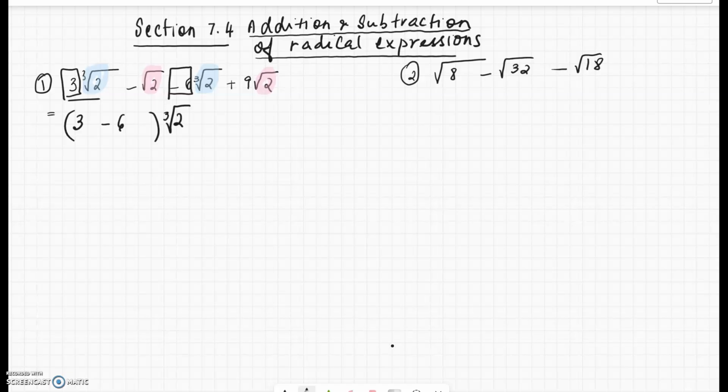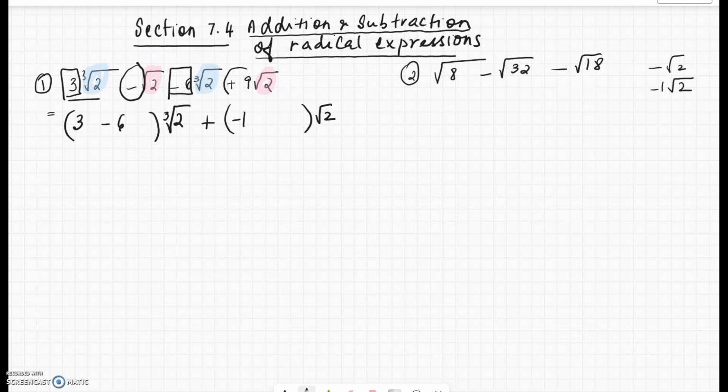I've factored the cube root of 2 out, plus, and now I'm going to factor the square root of 2 out. Here is a negative radical 2, which is negative 1 times radical 2. So if you factor out a radical 2, you get a negative 1.